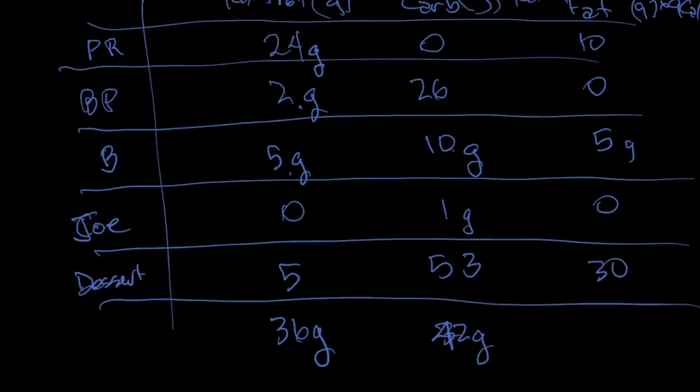And then this is 10, 15, that's 45. You can add these two because they're both 4 calories. So 36 and 42 is going to be 78 times 4. 45 times 9, add that together, that's my total calories.